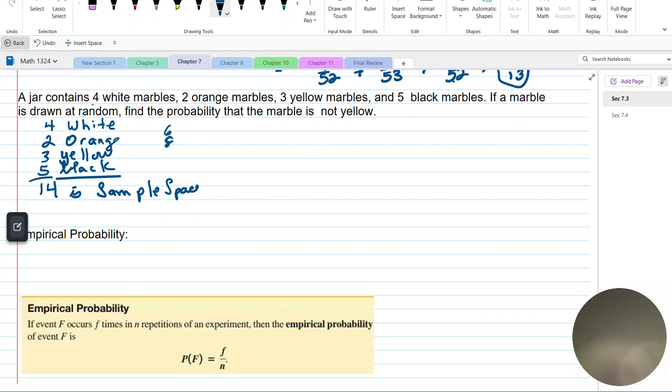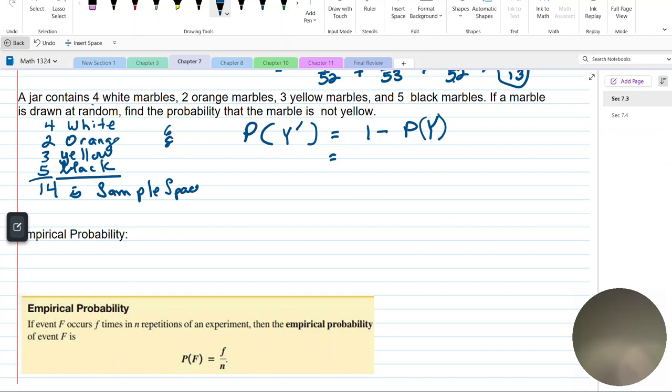All right. So I have my sample space. Now let's see what the question is. If a marble is drawn at random, find the probability that the marble is not yellow. So yellow, not. So that is 1 minus the probability of yellow. And that's how we would do it, because it's everything that's not yellow.